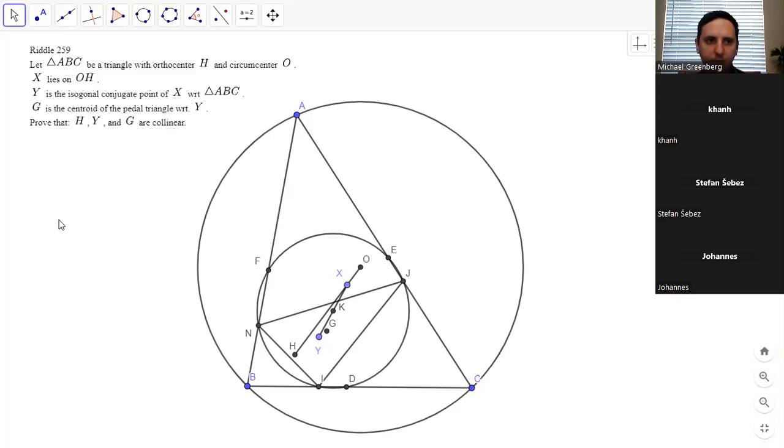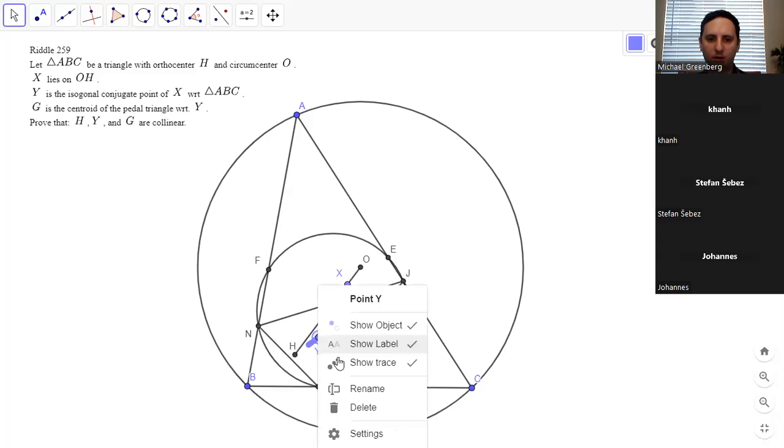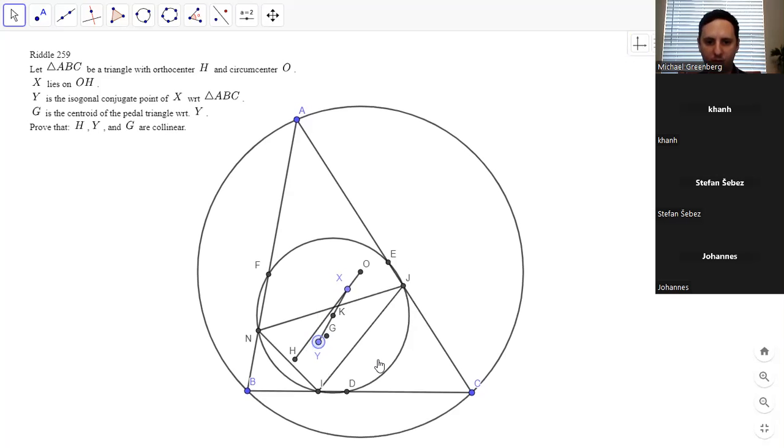You need to show that there's a projective transformation taking x to g. So taking the Euler line to the locus of g, that takes x to g at every point. Or y to g or something.